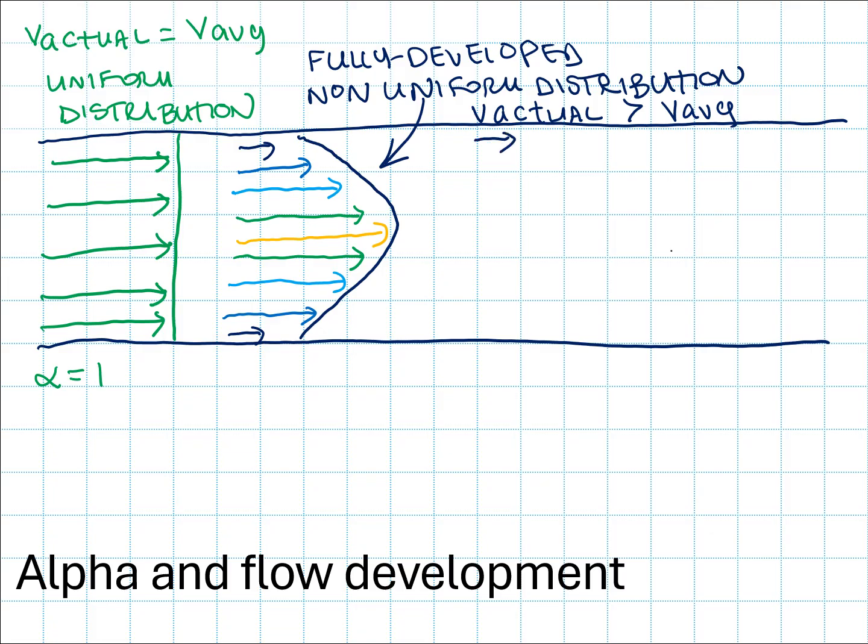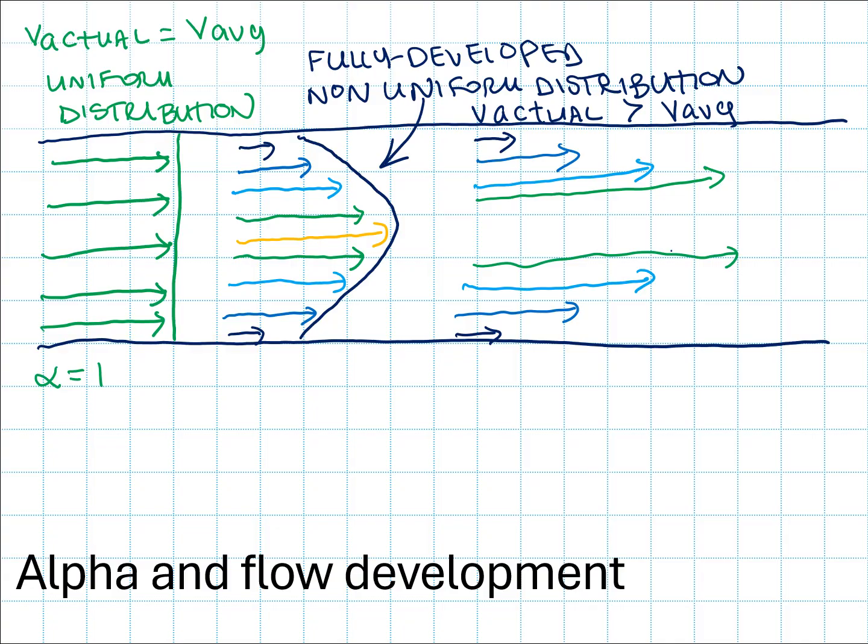So we're going to look at one more velocity profile. This velocity profile is also non-uniform, but what I'm drawing here is a profile that is maybe a bit more strongly non-uniform than the first one.